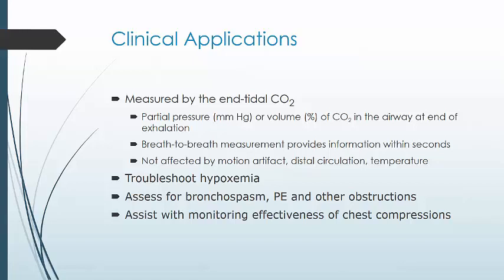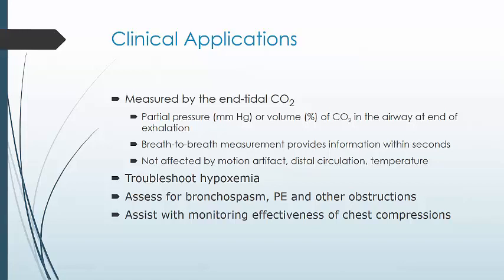For hypocapnia, which is an end tidal of less than 35 millimeters of mercury, some of the major things we'll be looking for are hyperventilation syndrome. For whatever reason, they're blowing off more CO2 than they're making, or we could be the ones hyperventilating them. It doesn't tell us why they're hyperventilating; it just measures and indicates that they are.